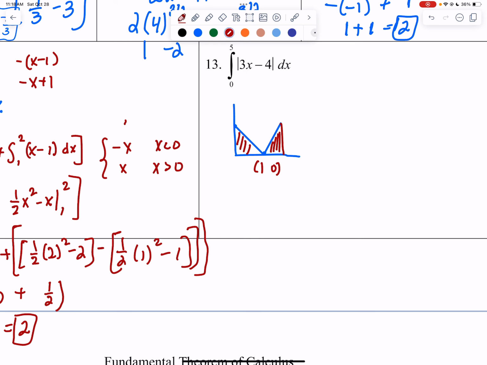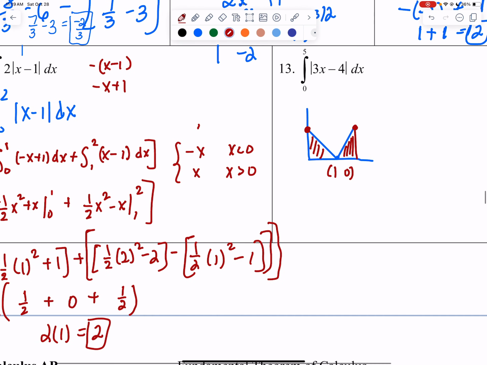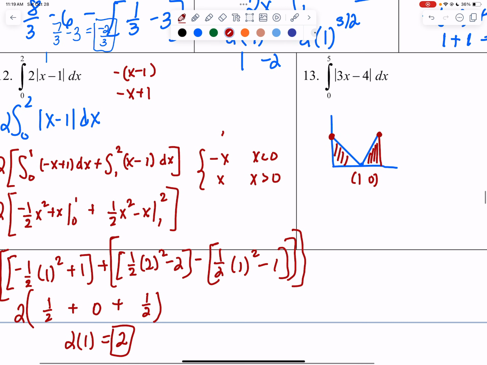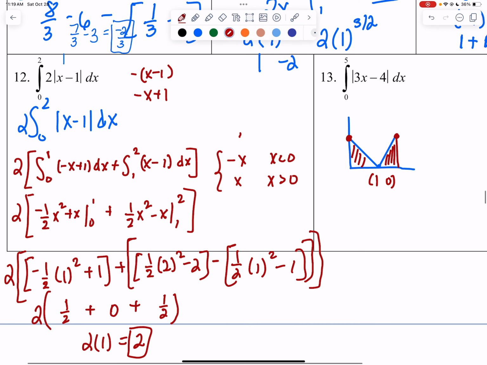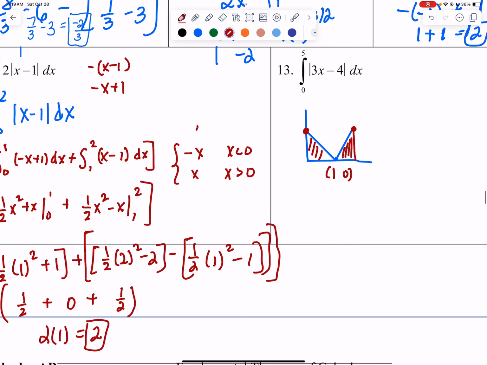So, if I were to evaluate 2, and of course, we're going to have a 2 right here, so that's going to stick out. This triangle right here is going to be 1/2, our base being 1, and then our height also being 1.